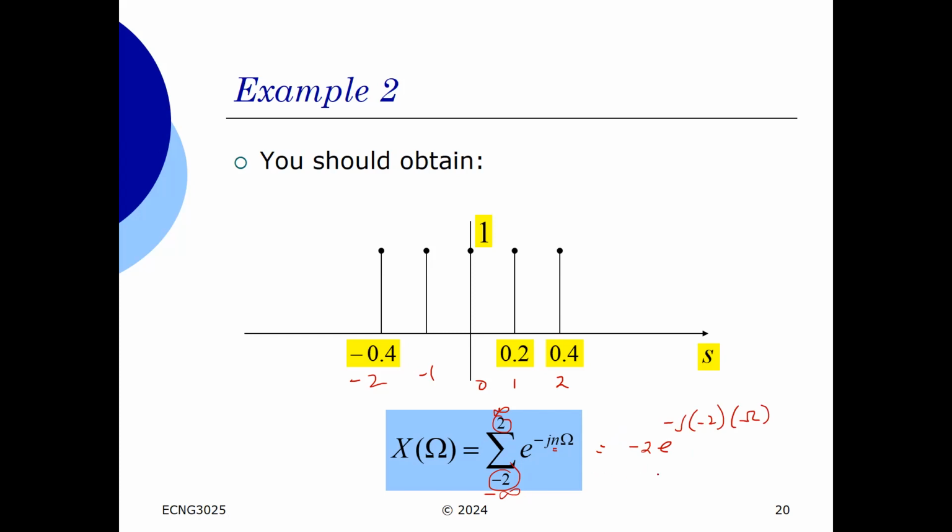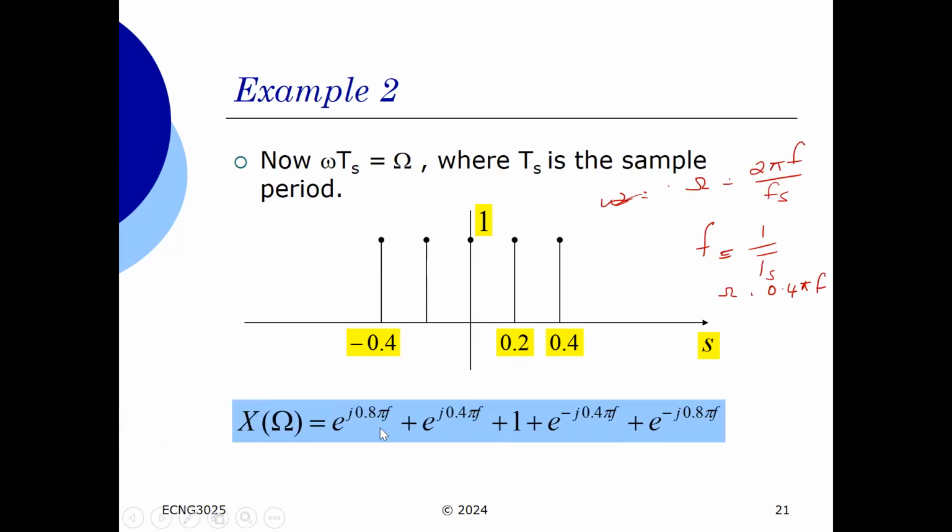Plus minus 1, which will be minus e to the minus j minus 1 omega, plus 0, e to the 0 will be plus 1, and then we repeat this. It will be e to the j plus 1 and then e to the j plus 2. So you get this. And then you substitute for omega. We all right? Make sense?